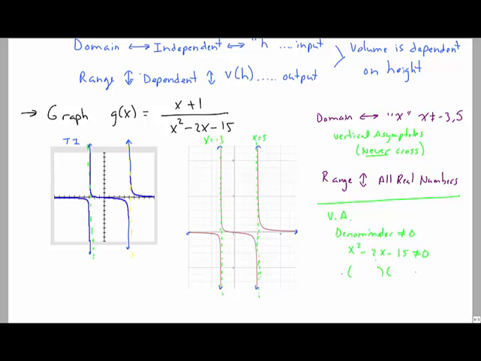And then you factor it, and I end up with x minus 5, x plus 3 cannot equal 0. And if I add 5 to both sides here, I get x cannot equal 5. And if I subtract 3, I get x cannot equal -3. So that vertical asymptote comes from the fact that the denominator can never equal 0.